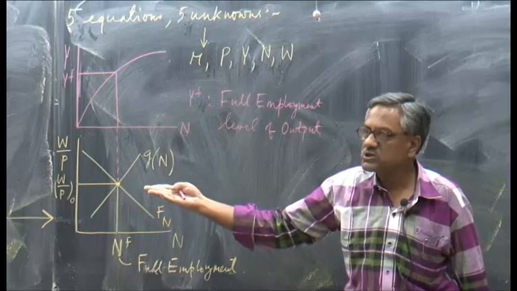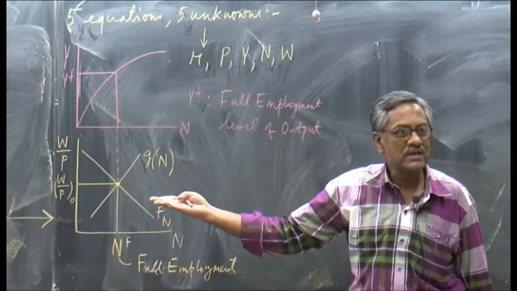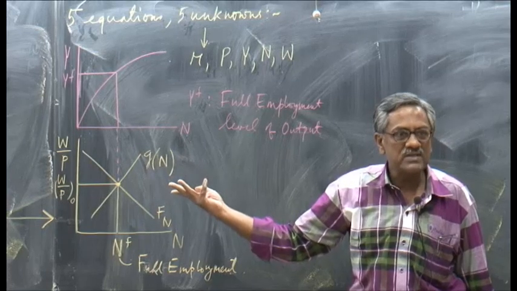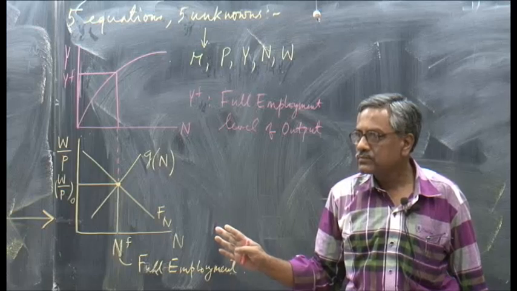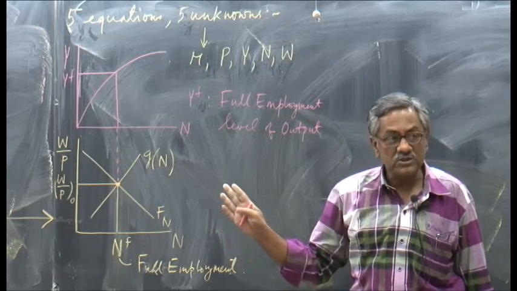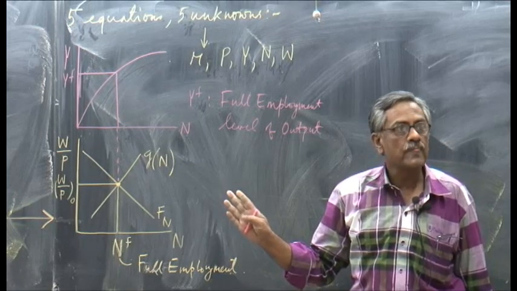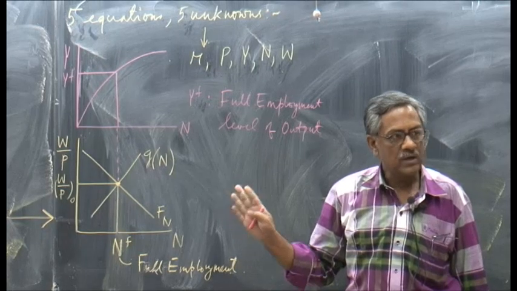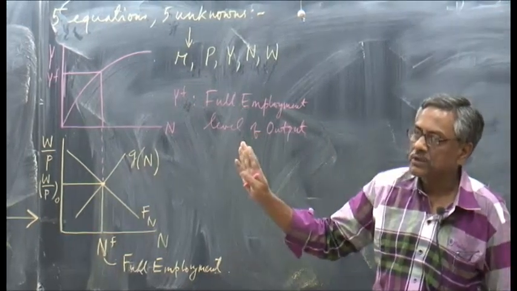Any of the equations, labor market equation 4 or 5? W is there, I can get the value W from any of these equations. My model is solved. The 5 unknown numbers I have, once I have the functions. Alright? Clear or not? Have I resolved the issue of solving the classical model? Yes or no?